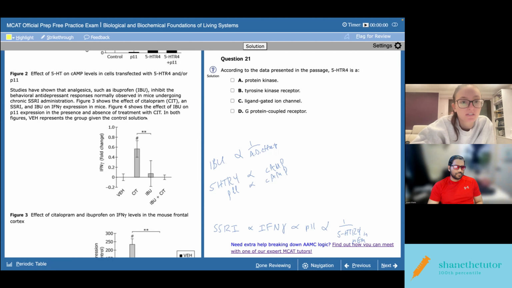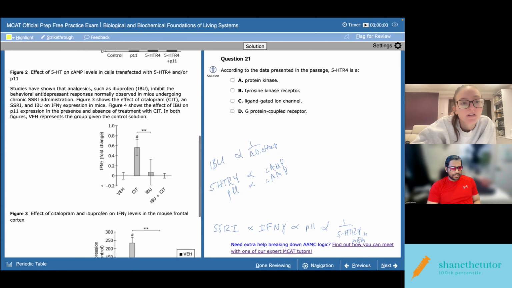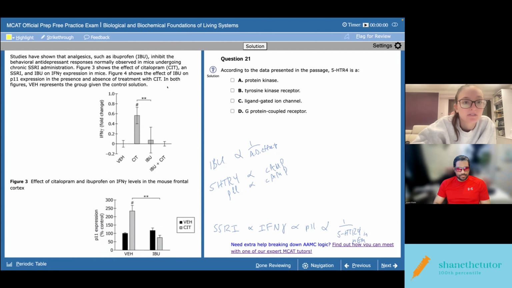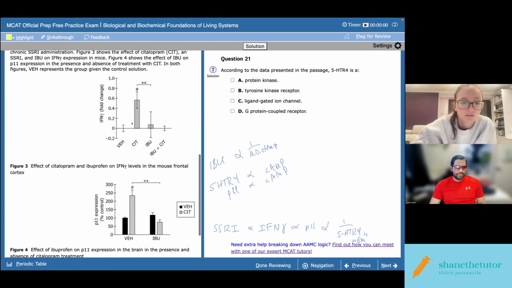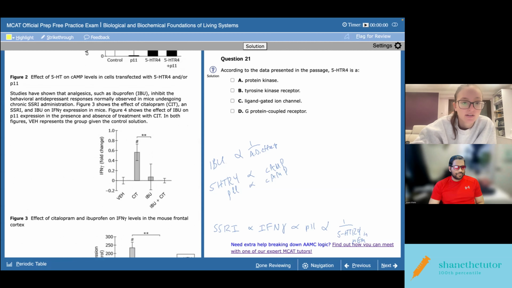Figure 3 shows the effect of citalopram, an SSRI, and IBU on IFNY expression in mice. Figure 4 shows the effect of IBU on P11 expression in the presence and absence of treatment with CIT. In both figures, VAH represents the group given the control solution. Okay.